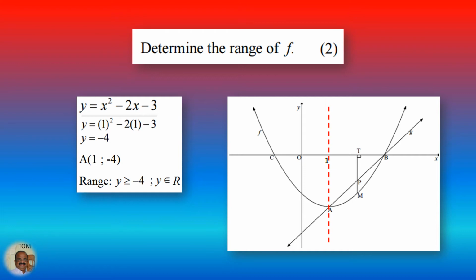So we get y equal to 1 squared minus 2 times 1 minus 3, which gives us minus 4. Therefore, the coordinates of A will be (1, -4). So the minimum value is minus 4. Now we can say the range is y greater than or equal to minus 4.